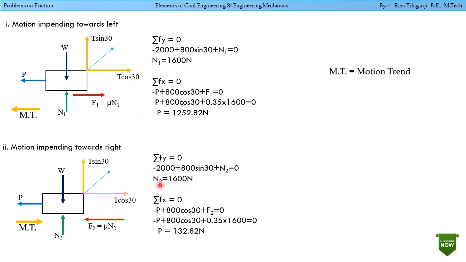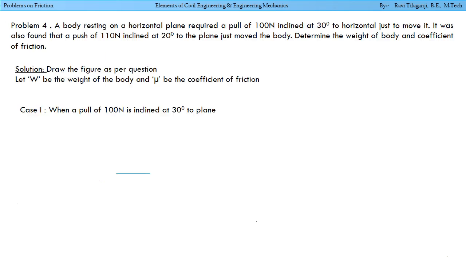So we are able to find N2 as 1600 Newton itself. Now summation F of X equals 0: minus P plus 800 cos 30 plus F2 equals 0, minus P plus 800 cos 30 plus 0.35 into 1600 equals 0. Therefore, P value is 132.82 newtons.